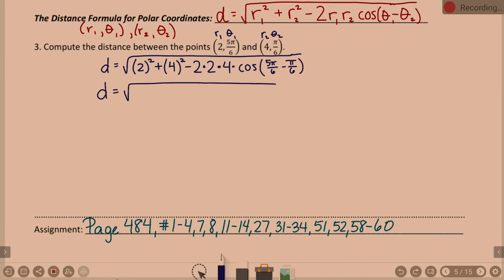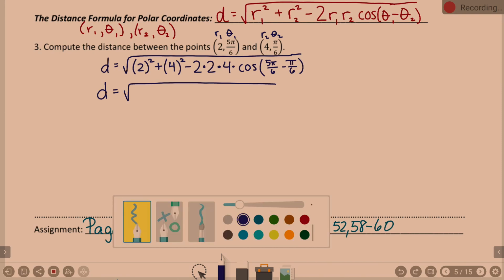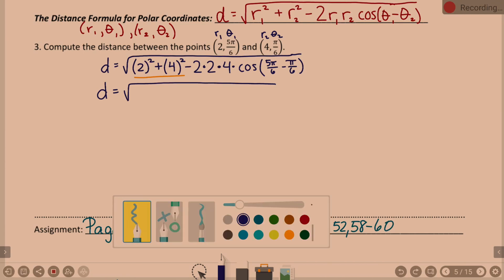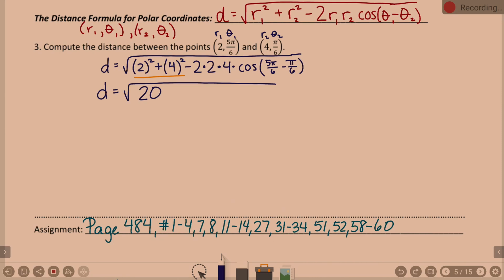Equals 2 squared is 4. What's 4 squared? 16. Can we put those together? Yep. 2 squared plus 4 squared. So 4 plus 16 is 20. Minus. No, you cannot subtract those values right off. That minus 2 times 2 times 4 is attached to the cosine.